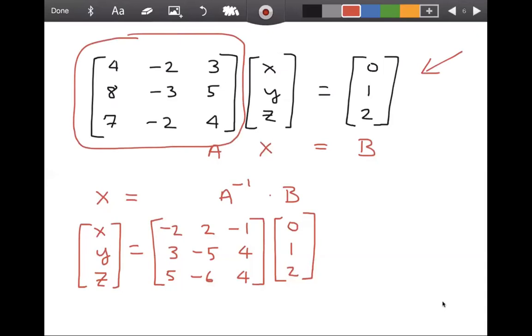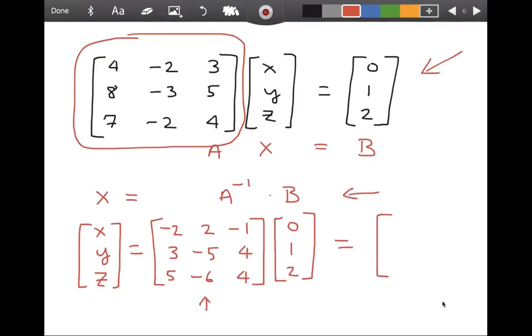So there is the system written as a matrix equation, AX equals B. And hopefully you remember from the last section that the way to solve a matrix equation like that is using X equals A inverse times B. And since we found the inverse in the last example, I've written it down right here. So all we have to do is just multiply these two matrices together, and we will have the solution of our matrix equation, which is the solution of our system.